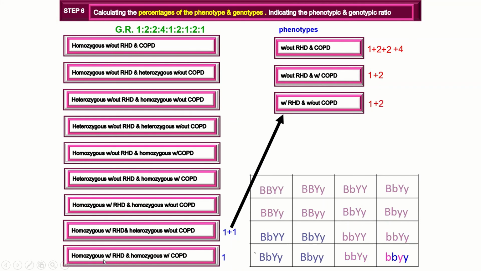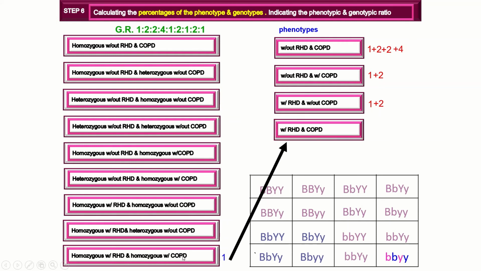And the last is homozygous with RHD and with COPD. Okay, 1. Therefore, our phenotypic ratio is 9 is to 3 is to 3 is to 1.